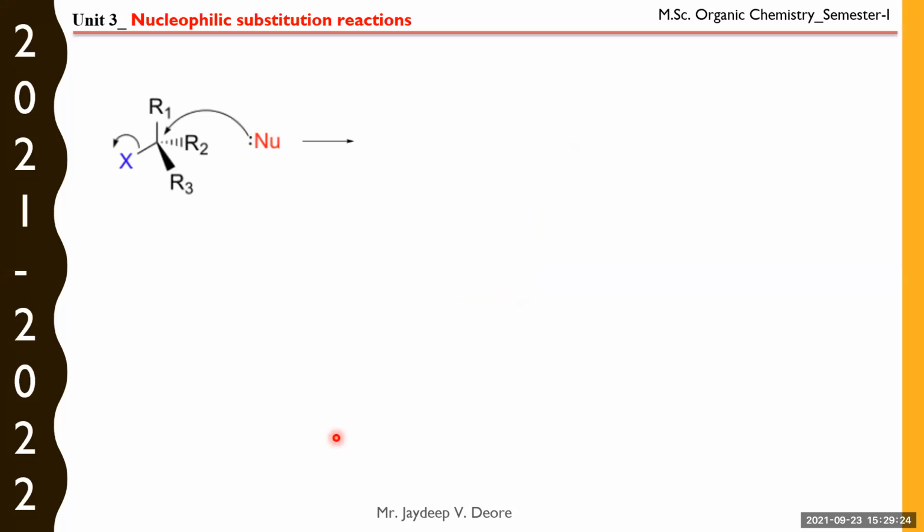Now let us understand the mechanism. Here you can consider that the nucleophile is going to attack on the reactant side, and this type of transition state is going to be formed. When the nucleophile attacks here, at the same time the leaving group is going to depart. In the case of SN1 reaction, initially the leaving group departs, and then after that a carbocation is formed and the nucleophile attacks.